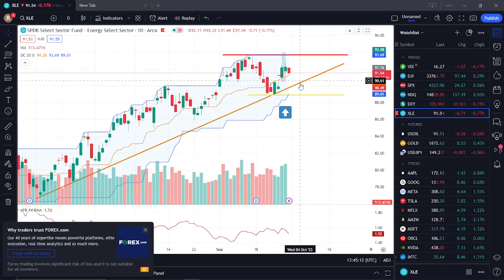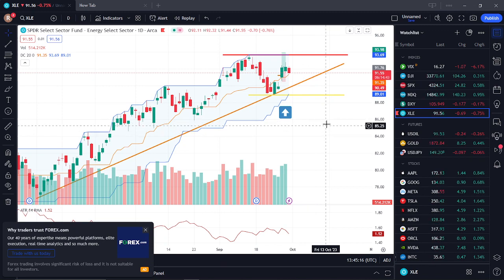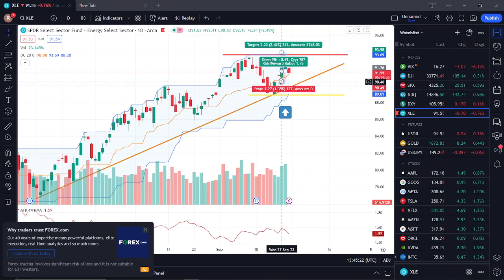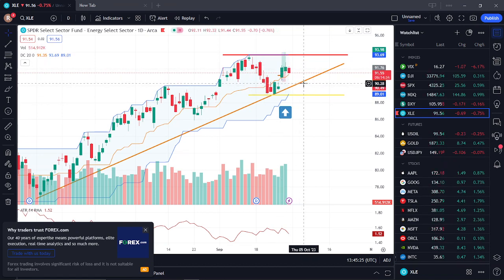Now the question is, where do you put your stop loss? Well, it really depends on how aggressive you are. Right now I have this bracket right below this bar as the cautious stop loss. It's around $90.30 or so, 40 cents.